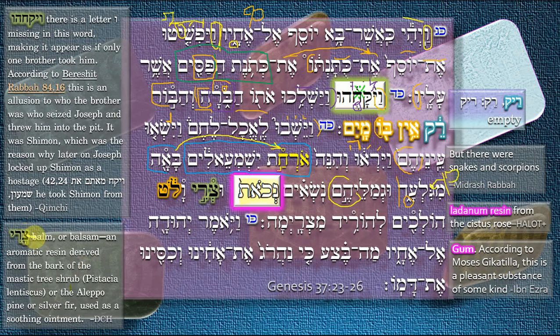So tsori is balm or balsam, right? An aromatic resin derived from the bark of the anesthetic tree shrub. I think I read somewhere else before that it's related to cinnamon. It's like a larger bark, a thicker bark, not quite as strong as cinnamon. And then lot. Lot is our old friend myrrh, right?